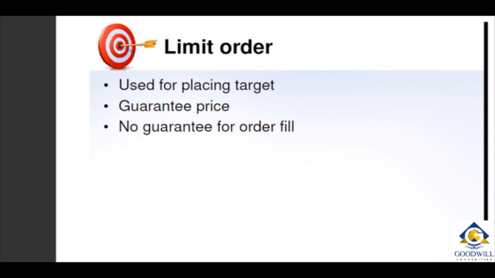There are chances that the market can leave my order, and it does not guarantee order filling. If the price is spiking very fast, it can leave my order, it can move to the next price range. So the advantage is you get a guaranteed price at the price you want that order to be executed, but it does not guarantee you order filling.